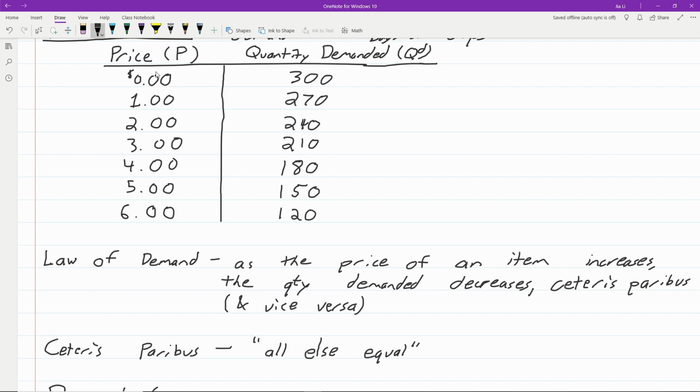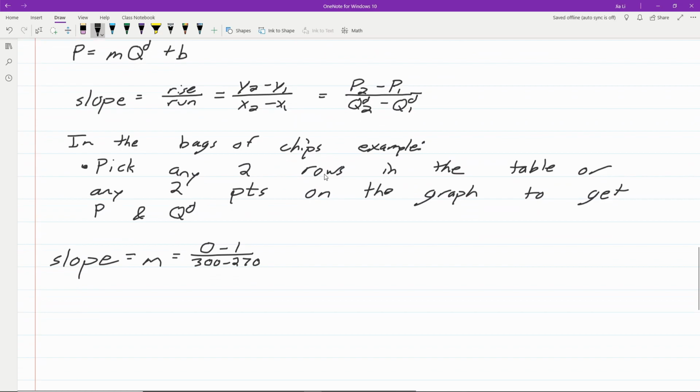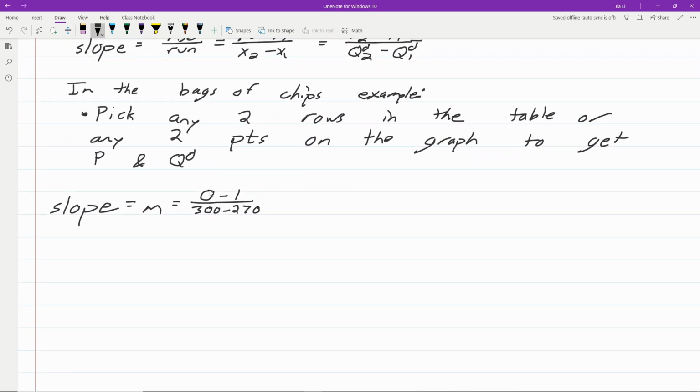So that's price 2 and quantity demanded 2, and price 1 is going to be $1 and quantity demanded 1 is going to be 270. So just make sure it's in the right order: 0 minus 1 and 300 minus 270. Then what we end up with is -1 in the numerator and 30 in the denominator. So in other words, m is equal to -1 over 30.